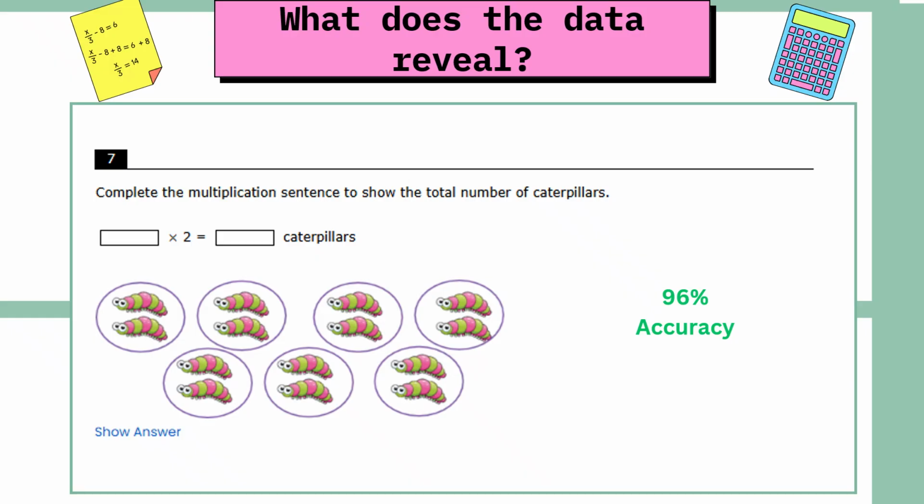When reflecting with teachers on this problem, something they thought was key was having that picture as a reminder and having those circles to indicate the groups, and having students be able to model multiplication questions when they just see the numbers, and draw pictures if that helps them. They credited that a lot to why they felt there was a lot of accuracy in this question.